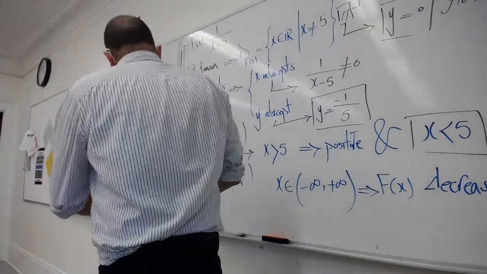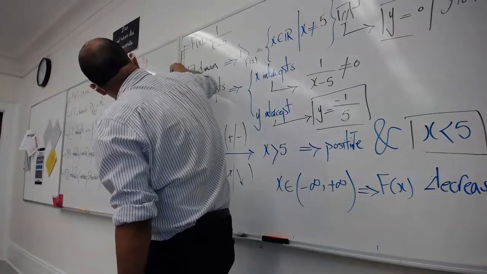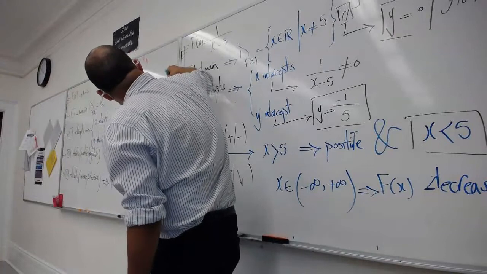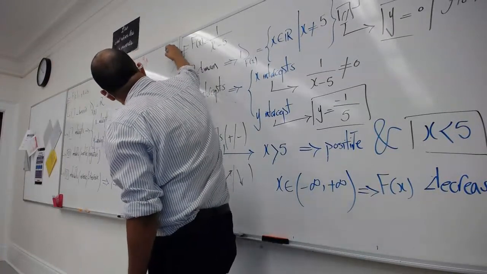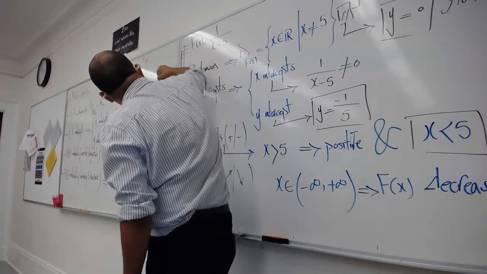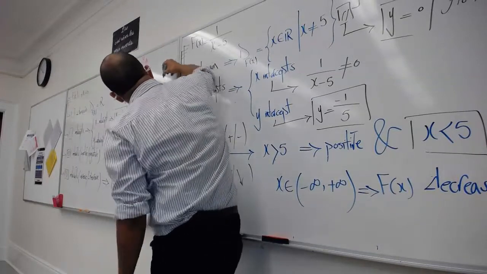Now, let's plot everything. I know my vertical asymptote. I'm just going to start from this vertical asymptote, and I know that the function is decreasing. After 5, the function is positive, so it's over here.